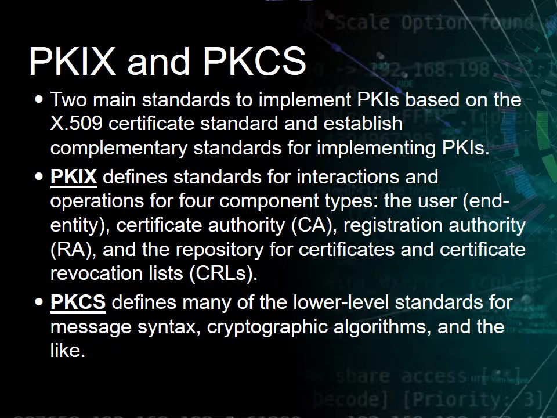Then PKCS defines many of the lower level standards for the message syntax, the cryptography, the algorithms, and the like. So, like I said, don't get wrapped up around the axle on the fine details of it. Just remember that the PKIX is involved in the exchange of those four types.